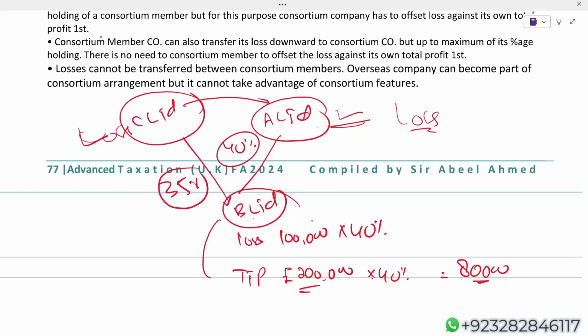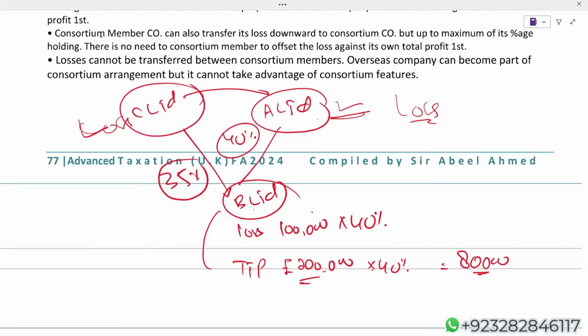A can transfer less than that, but A cannot transfer more than that. Similarly, how much can C transfer as loss to B Limited? You take 35% of 2 lakh, which is 70,000. So C can transfer a maximum of 70,000 to B, or less than that. So you have to be careful. Either the consortium company has a loss or income. Either you are transferring losses to the consortium company or the consortium company is transferring losses to you.